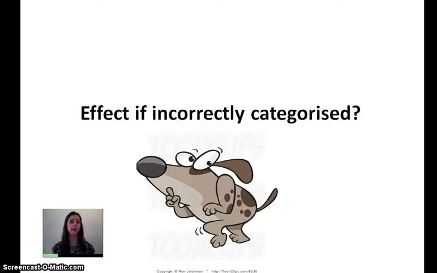And this would mean, if it was incorrectly categorised, you'd have understated assets and understated liabilities, and this can affect things such as your gearing. So sometimes, if the gearing ratio needs to be a certain level in a company, people may try and classify a lease as operating rather than as finance. And this is something you need to bear in mind when you're reading the scenarios given to you within the exam.